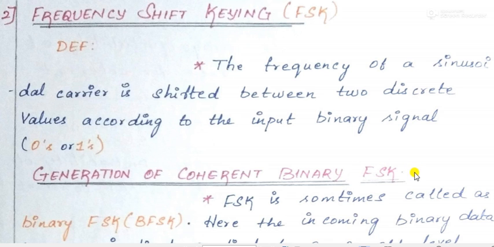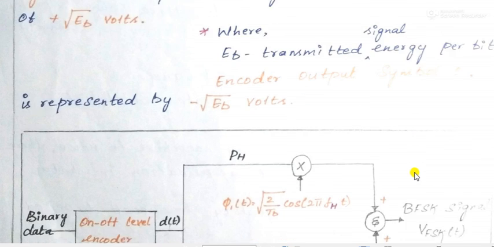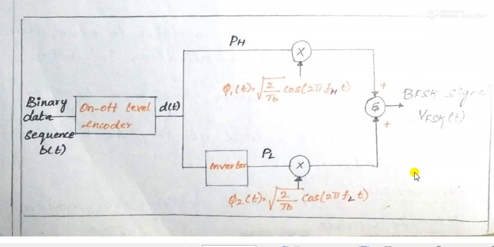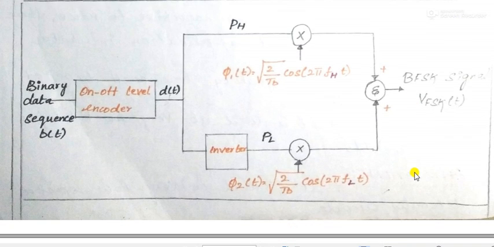Generation of coherent binary FSK. This is the block diagram of FSK signal generation, and see here the binary data sequence B of t. So here the input is binary 1 or binary 0. The on-off level encoder output is denoted as D of t.